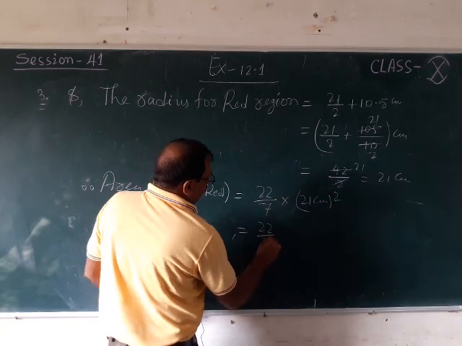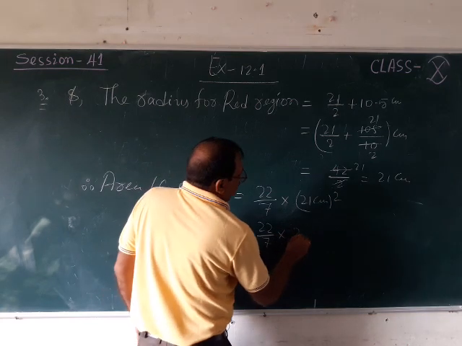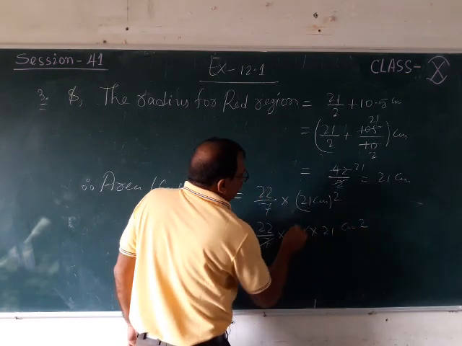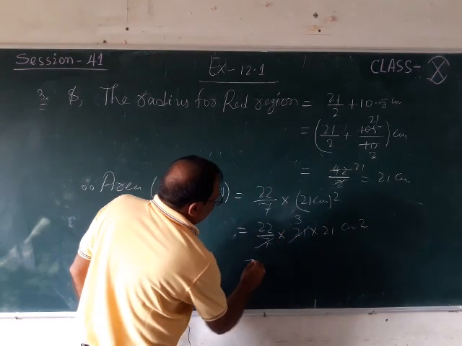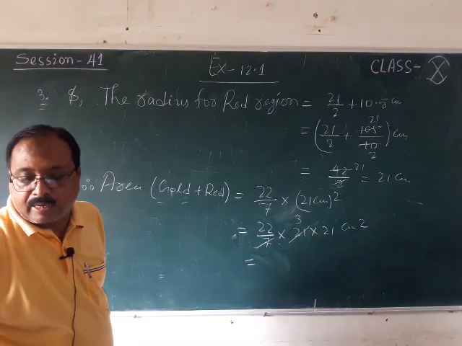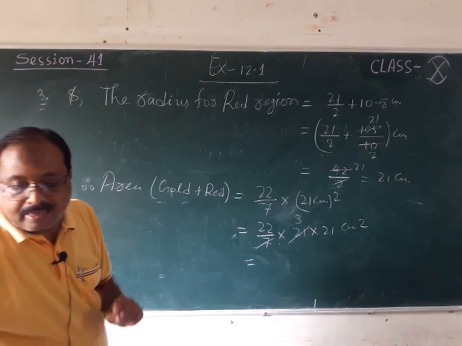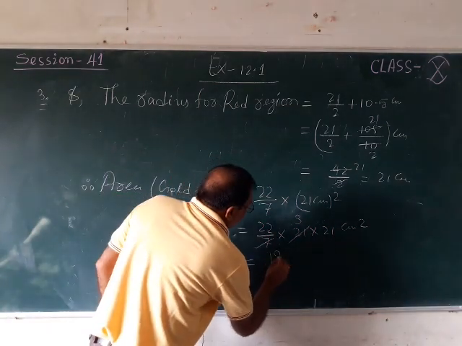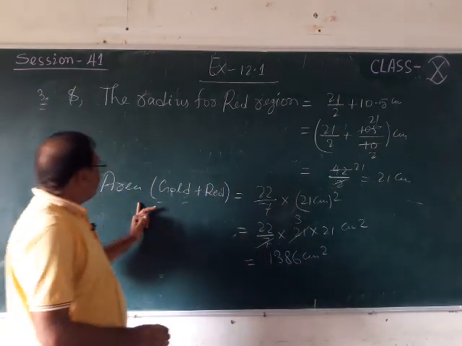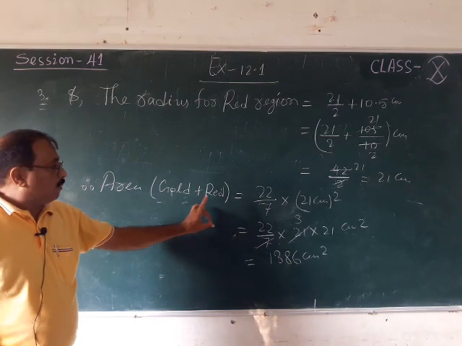Further, 22/7 multiplied by 21 into 21 cm square: 7 threes are 21, and when you multiply 22, 3 and 21, it comes to 1386 cm square. This is the area for the gold plus red region.